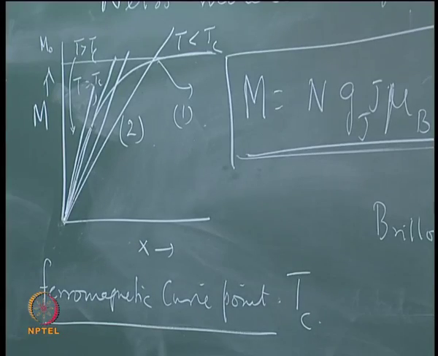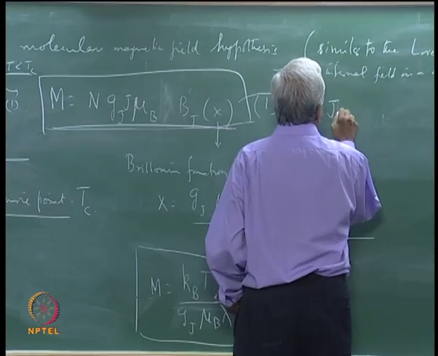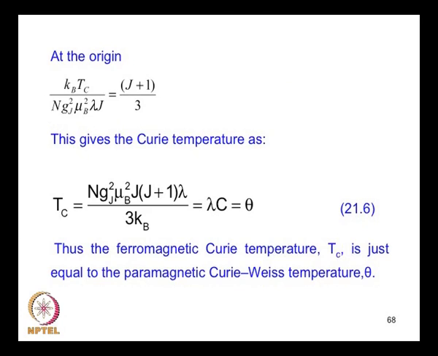So, this is what we do. At the origin, the slope of this is (J+1)/3. That is the slope at the origin, and that will be equal to this, kB Tc by gJ μB λ.